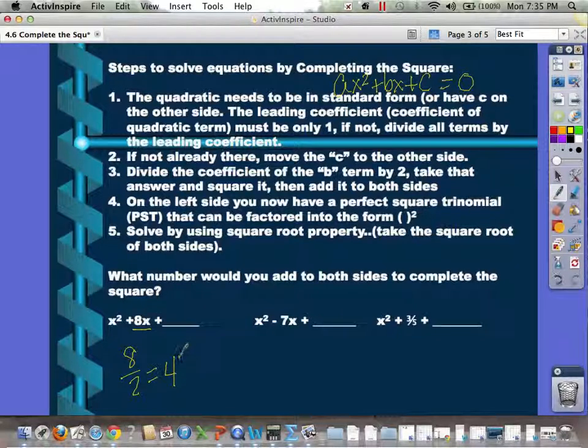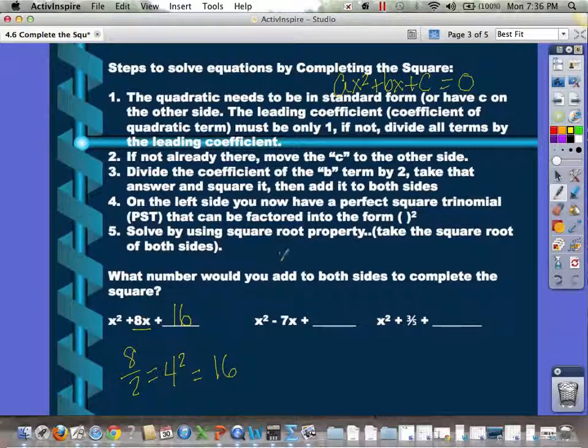And then we take that number and square it, which makes 16. So 16 would go there. This one, and notice I'm not worried about whether it's positive or negative. That doesn't matter. You just take the middle term, divide it by 2. You don't have to worry about negatives and positives because you're always going to be adding to get a perfect square trinomial.